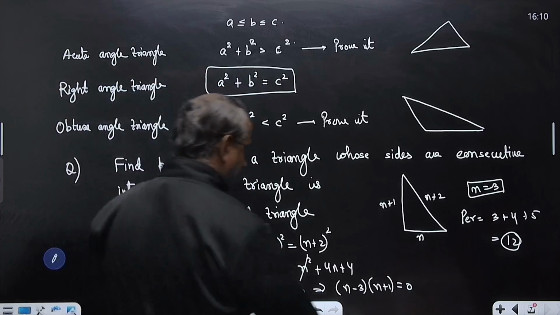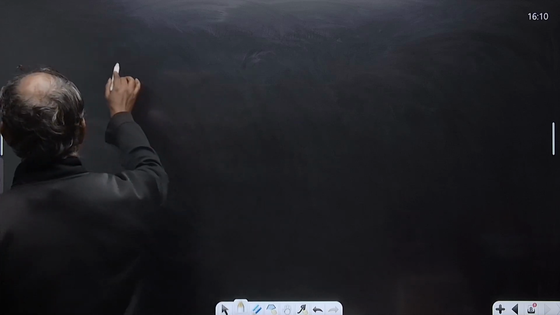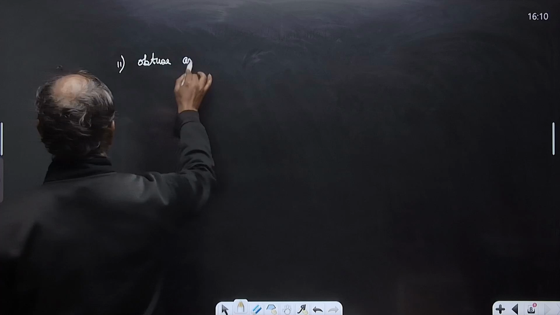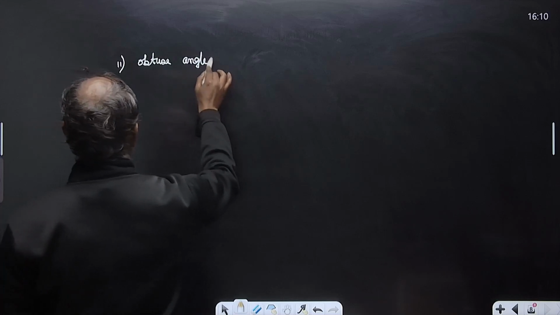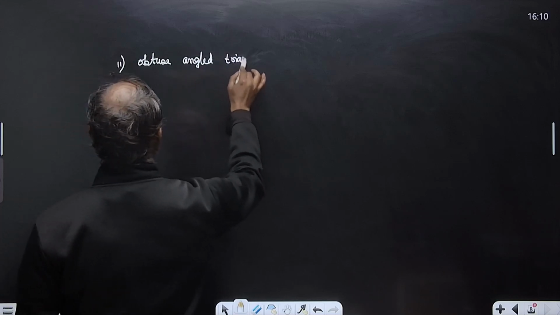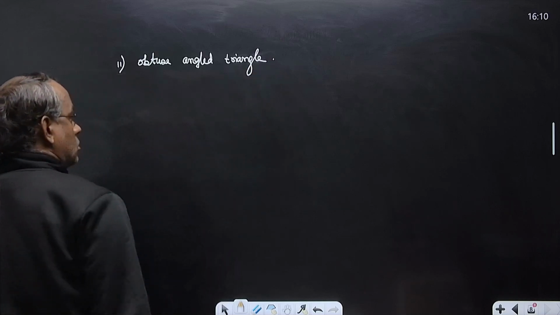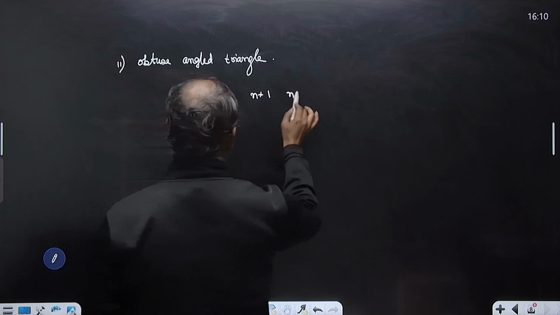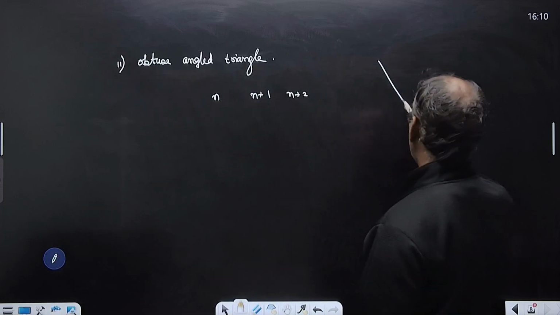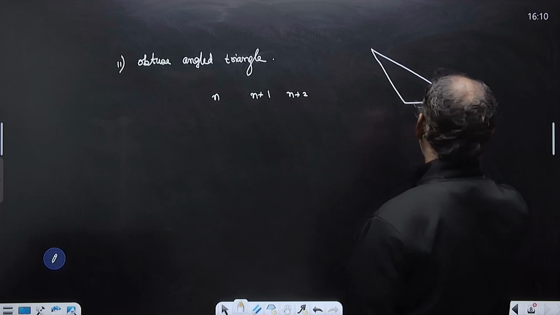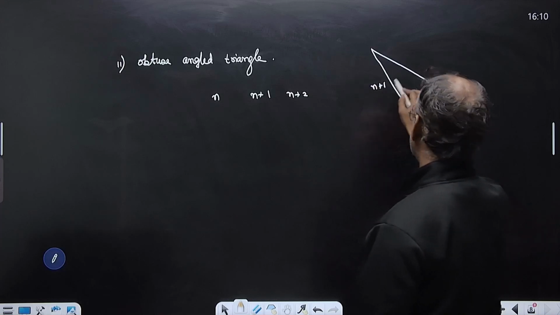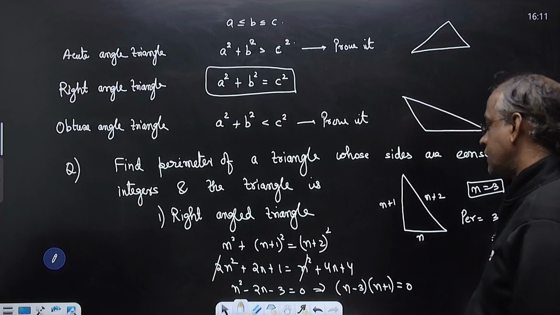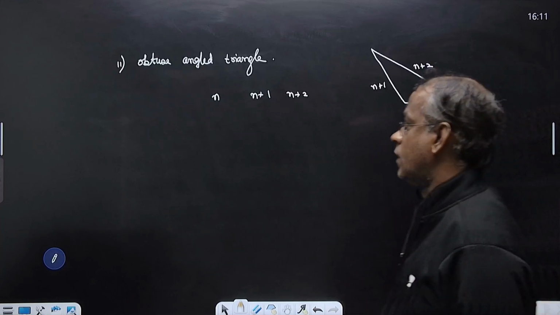Now, suppose somebody says find the perimeter of a triangle whose sides are consecutive integers and which is an obtuse angle triangle. So, again sides are n, n plus 1, n plus 2. We want it to be an obtuse angle triangle. So, what is the condition that we will apply? a square plus b square is less than c square. That is n square plus (n plus 1) square is less than (n plus 2) square.